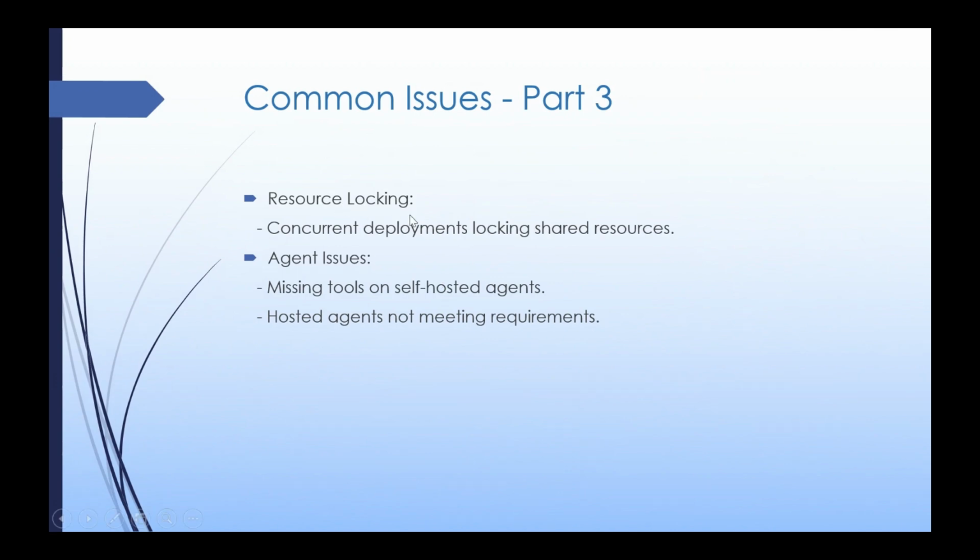Okay, the next one is resource locking. Suppose multiple deployments are using shared resources, then in this case your pipeline might fail as well. I'll give one example. Suppose you have one self-hosted agent and you schedule 50 jobs at a time, then all 50 jobs won't be able to run inside your agent machine, right?